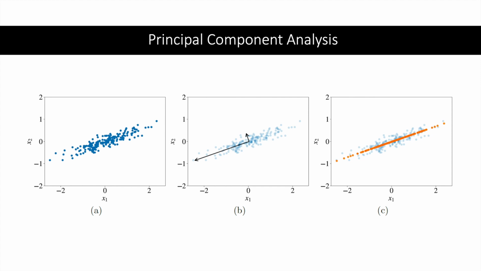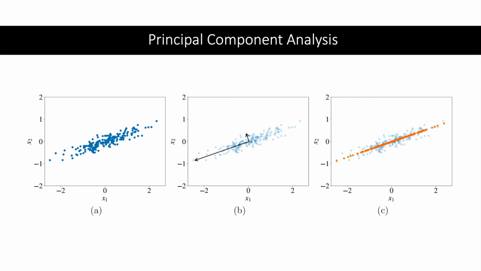For our two-dimensional illustration here, we can set d new to be 1 and project our examples to the first principal component to obtain the orange points in figure C. So basically we convert from two-dimensional to one-dimensional.